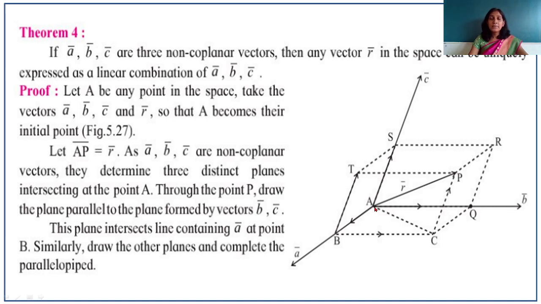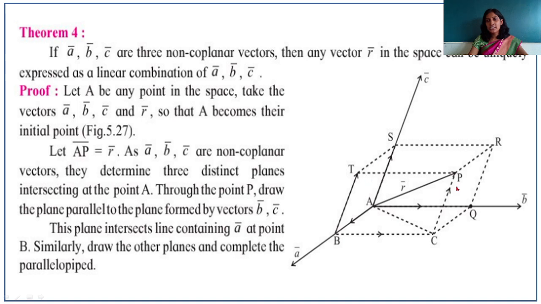Suppose AP bar is equal to r bar, and these three, a bar, b bar, c bar, are non-coplanar vectors. They determine distinct planes, but they are intersecting. These three planes intersect at point A.